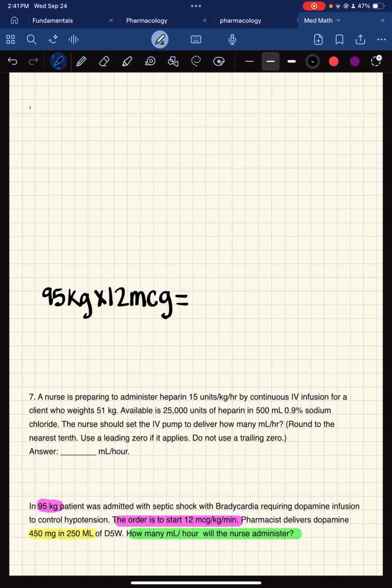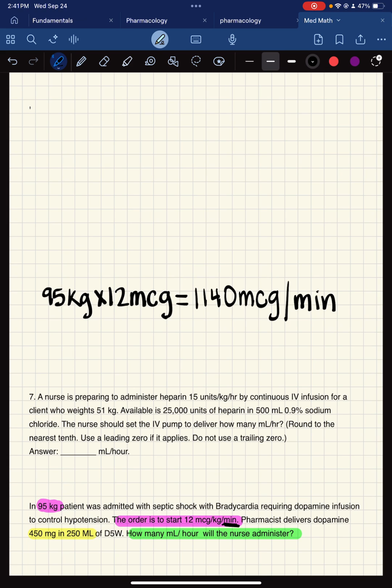All right, so 95 times 12 equals 1,140 micrograms. And then don't forget, we have the per minute still. Okay, per minute. So that's what we're going to give the patient. Okay, so we're going to give 1,140 micrograms per minute.